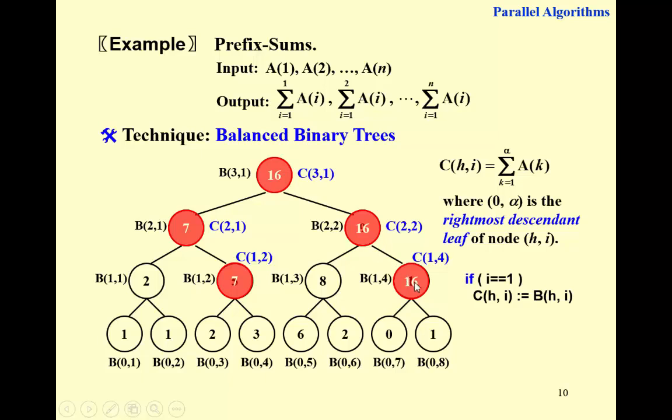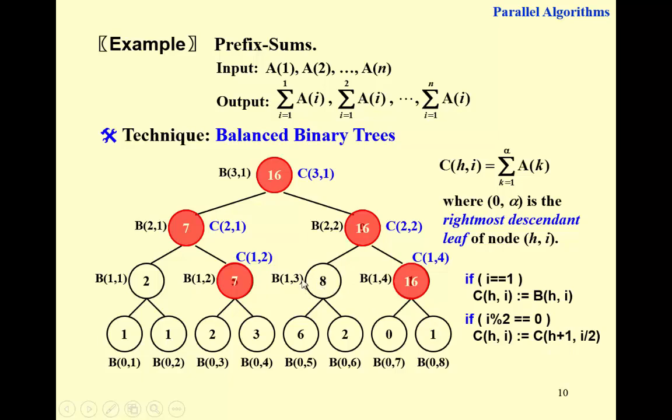Because all of them correspond to the same rightmost descendant leaf, right? So here we have another formula. If i is an even number, if it's a right child, then C of h,i is the same as C of h+1 at position i/2. That is the position of its parent. Okay? And how about this left child?